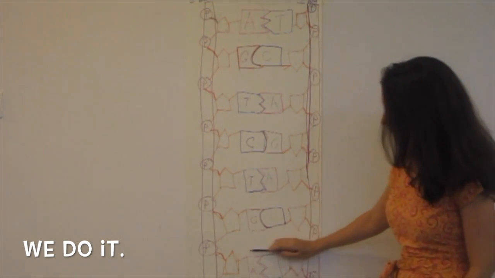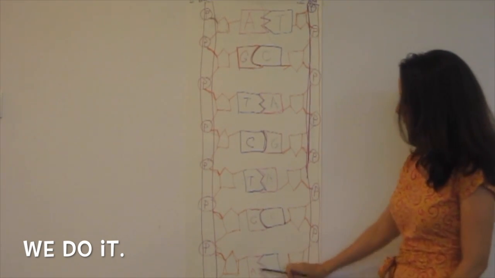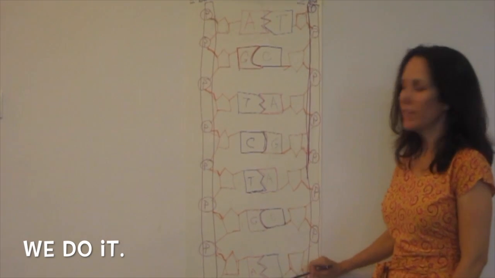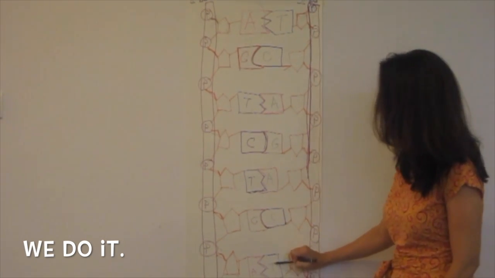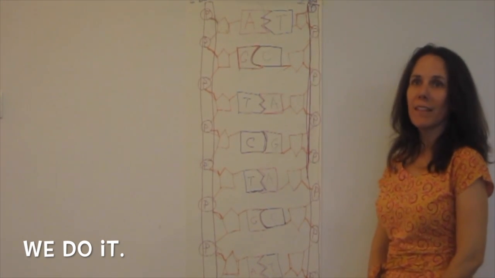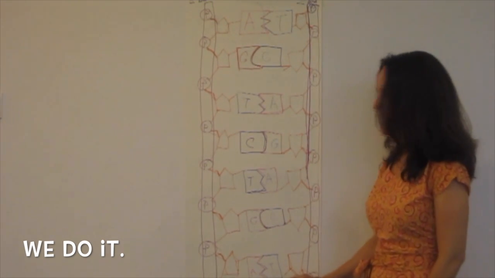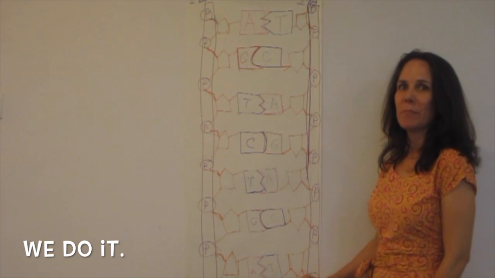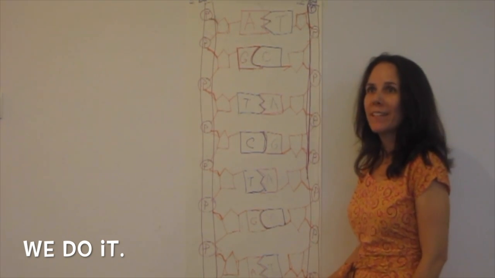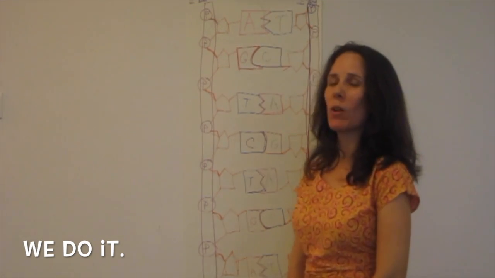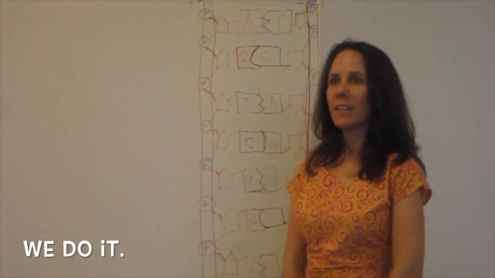Now, we have two more base pairs that we need to solve for. We know this is adenine. What goes on the other side, Grace? T. That's right. And Emily, what does C stand for? Cytosine. And Michael, what does cytosine always bind? Guanine. That's right, guanine.